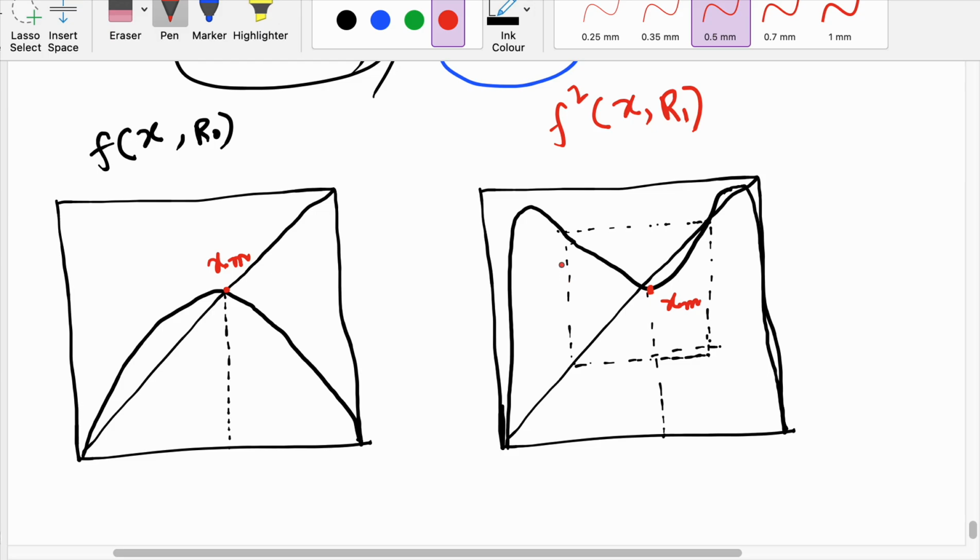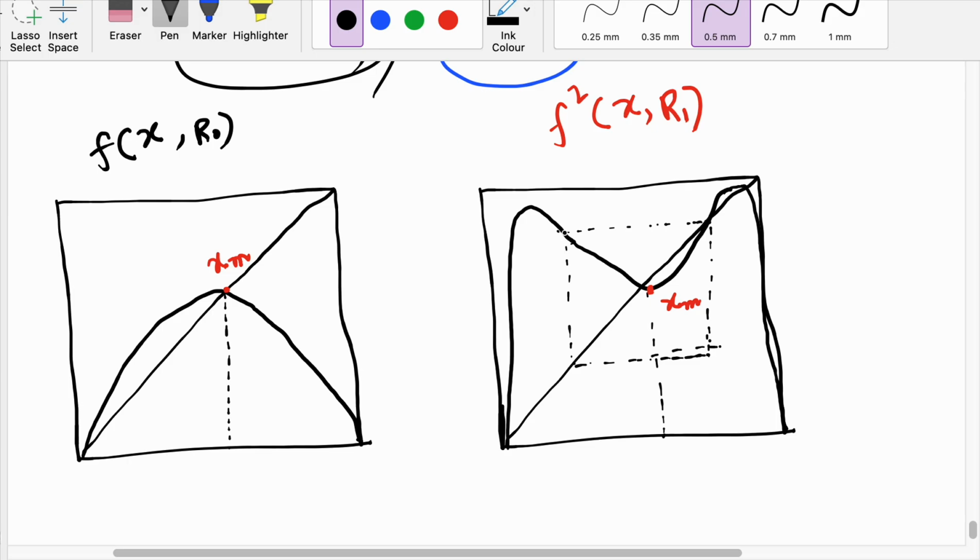So that's all. Now from here what we will see is that whatever is inside this big box looks exactly the same as what is drawn in this smaller box.